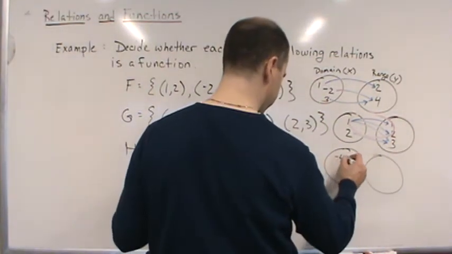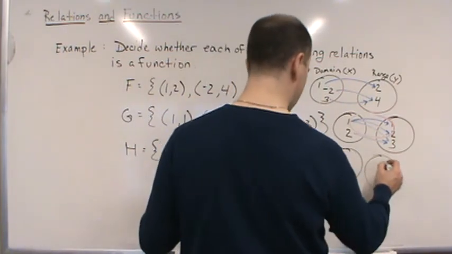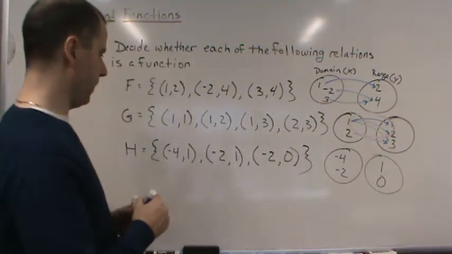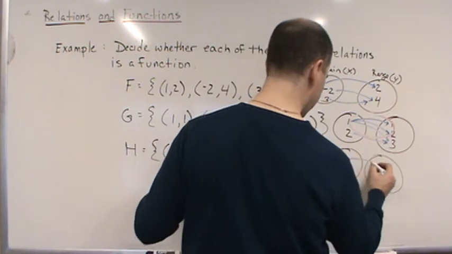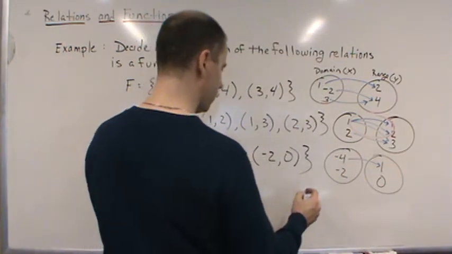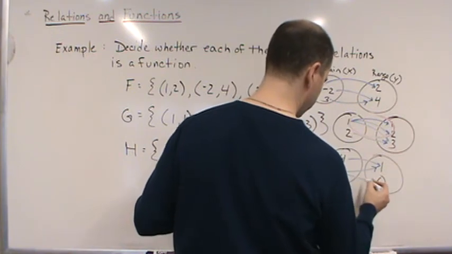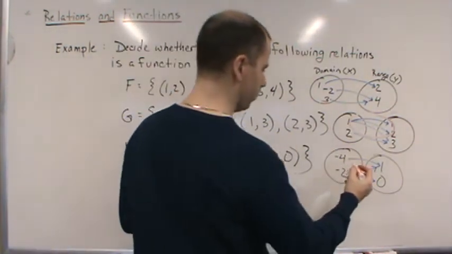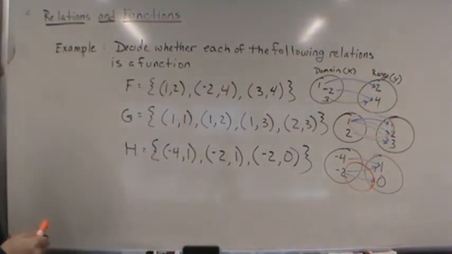So this is -4 and -2. And now I've got 1 and 0. And again, as you see, we've got -4 is going to 1. And then -2 is also going to 1. And it's going to 2. So again, this is where we run into trouble. Okay? Can't have that.